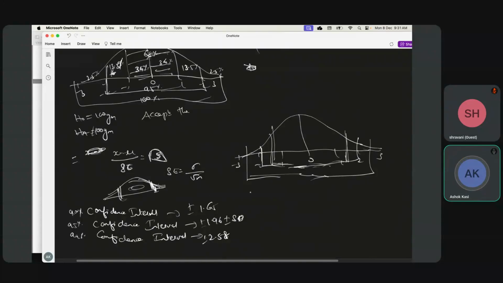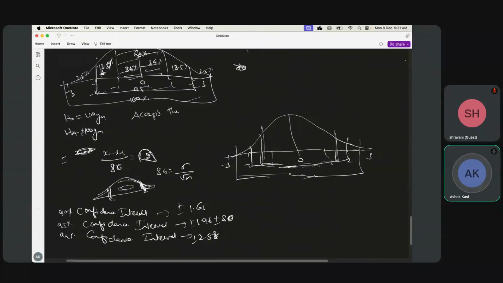So if I go for a 95% confidence interval, that is 1.96.